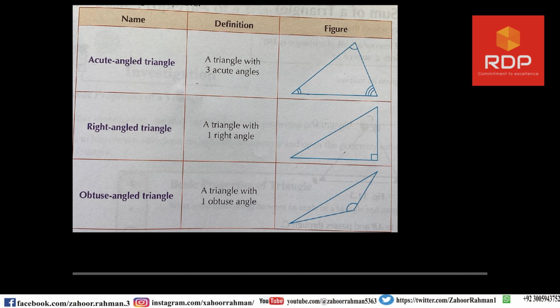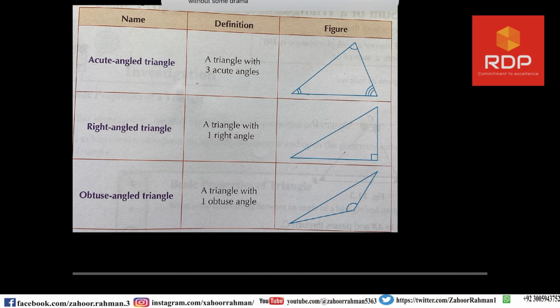It could be like this as well. So this is not on the right side. It could be like this as well. Now this angle is also not on the right side. It means that only one angle will be of 90 degrees. That angle is called right angle triangle.